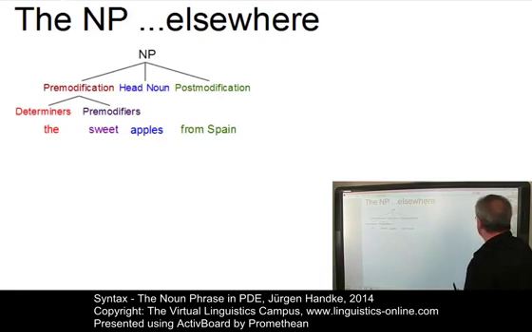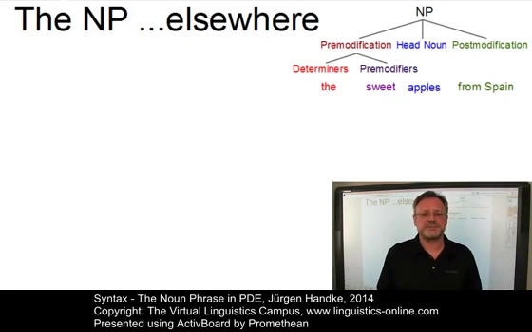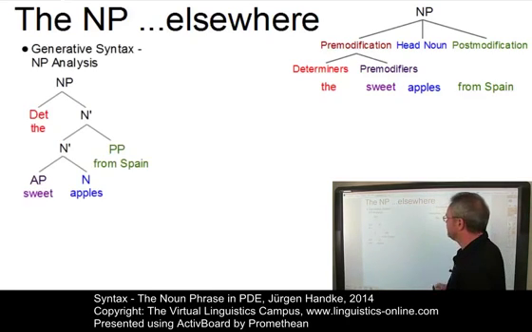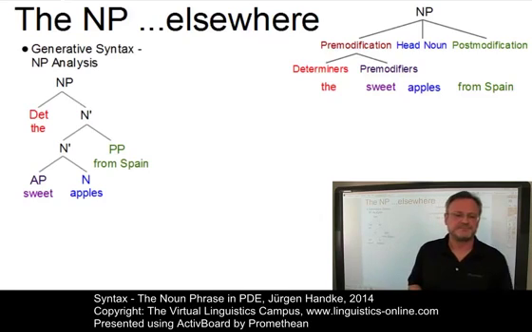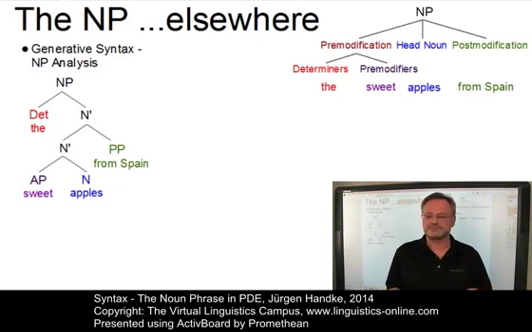Well, let's move this noun phrase over here as a starting point. Such a noun phrase has traditionally been analyzed like this, as a phrase with the noun as the head.